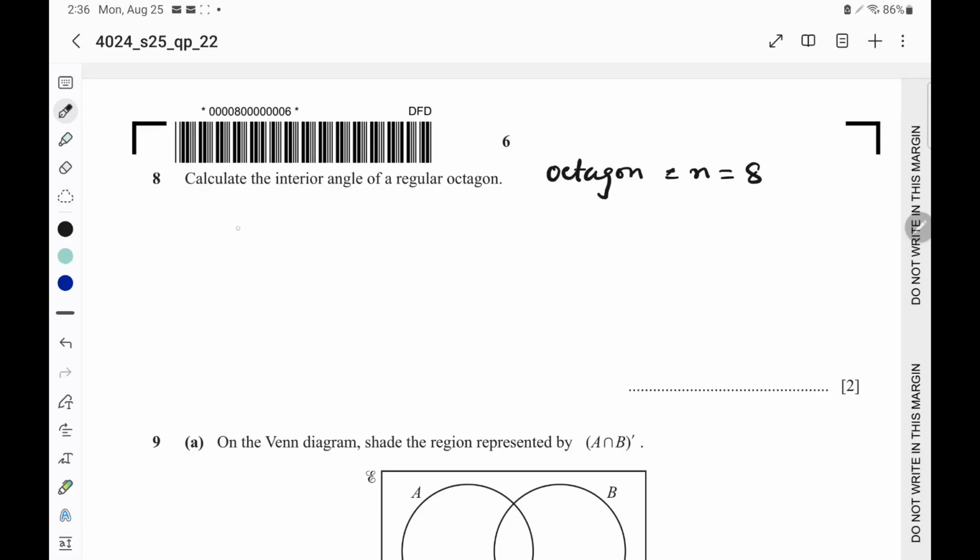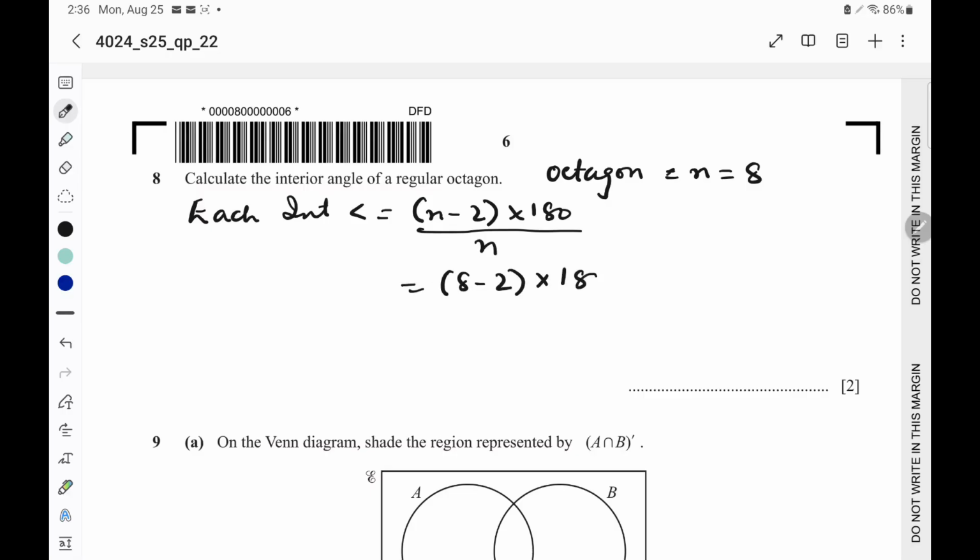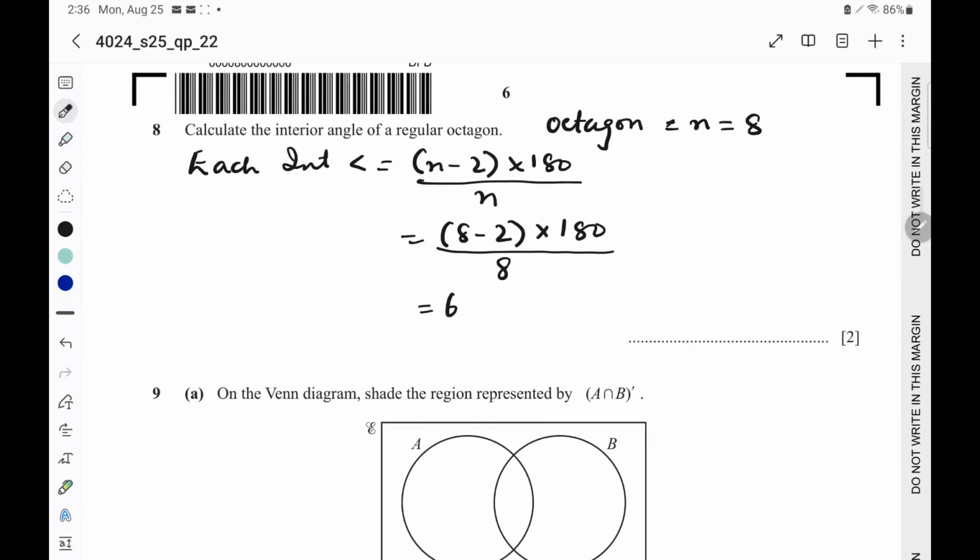The sum is n minus 2 into 180 degrees, so each interior angle is n minus 2 into 180 degrees over n. That is 8 minus 2 into 180 degrees over 8, which is 6 into 180 degrees over 8, and then you get 135 degrees.